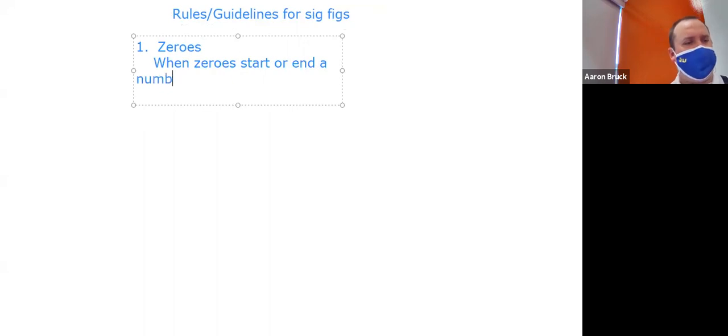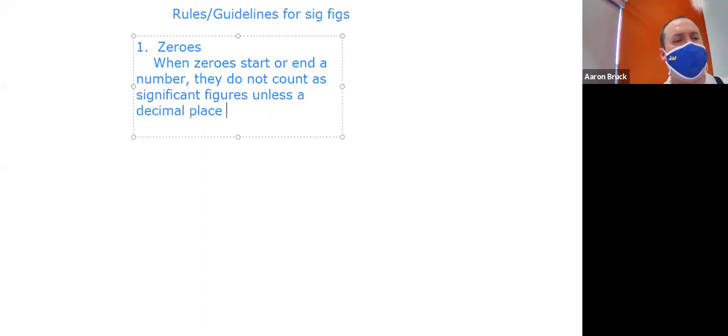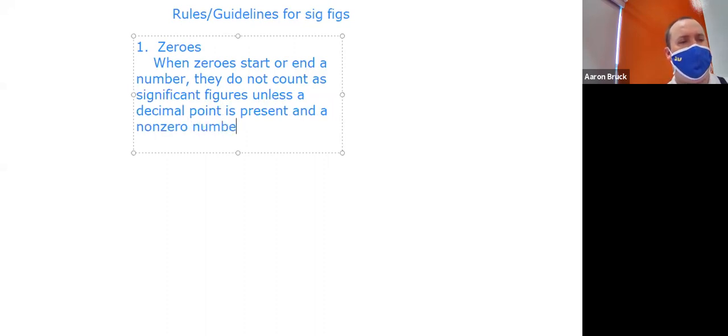The guideline is this: when zeros start or end a number, they do not count as significant figures unless a decimal point is present and a non-zero number has shown first.